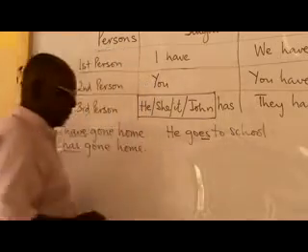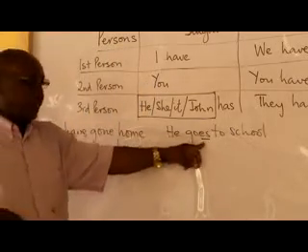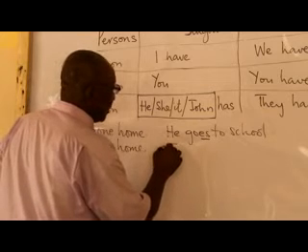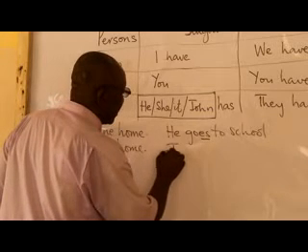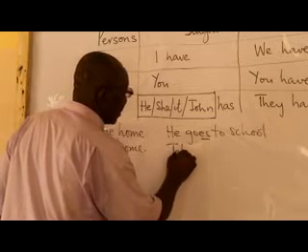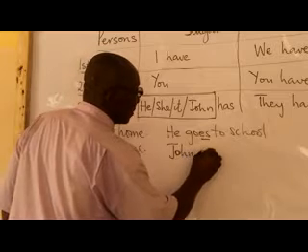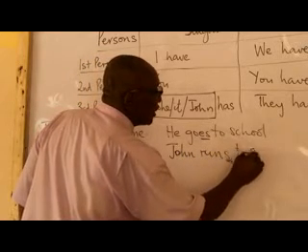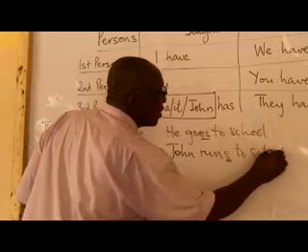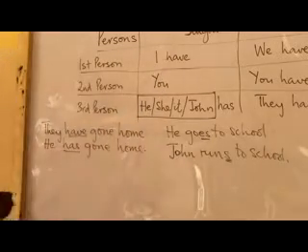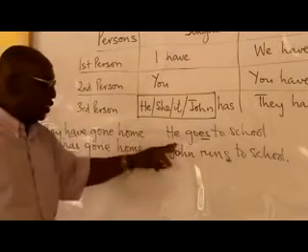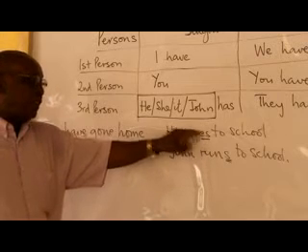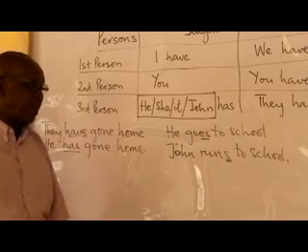So it takes es or s. Or you say, John runs to school. So any verb that is following it immediately takes s or es in the present tense form.